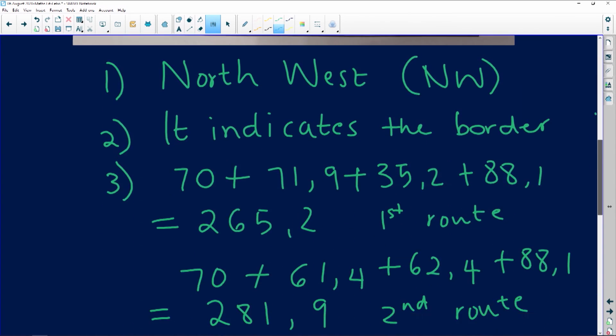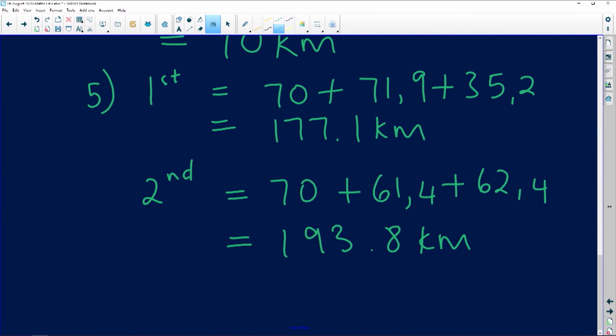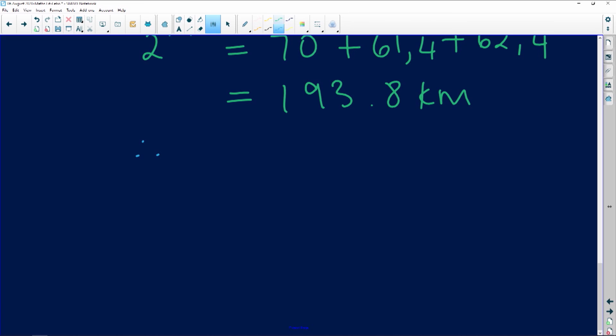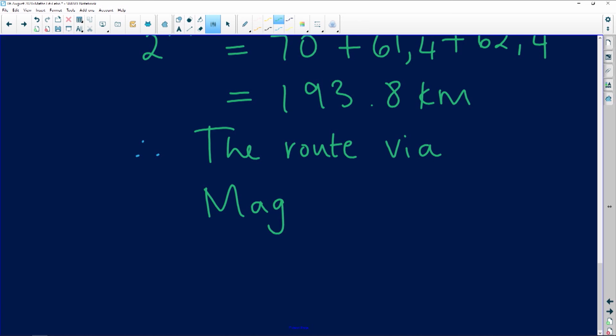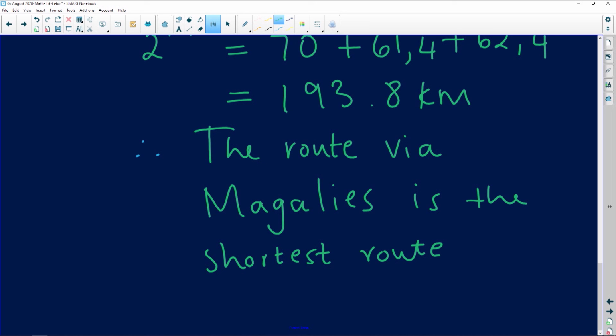Am I done? No, I need to give my conclusion. So my conclusion is, therefore, the route via Magalies, I'm going to write that as Magalies, is the shortest route.